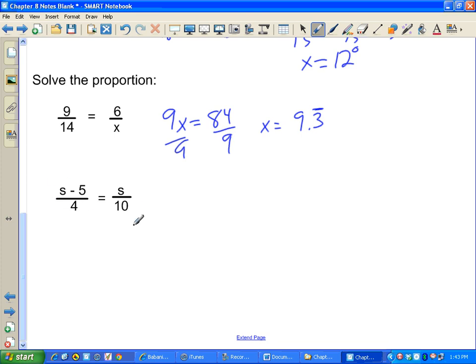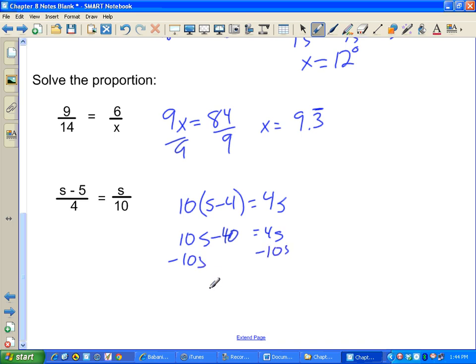Here you're going to do the same thing, so you're still going to cross multiply, but now we're going to have 10 times the whole numerator, so make sure you use parentheses, equals 4 times s. Distribute. We'll bring the 10s over.